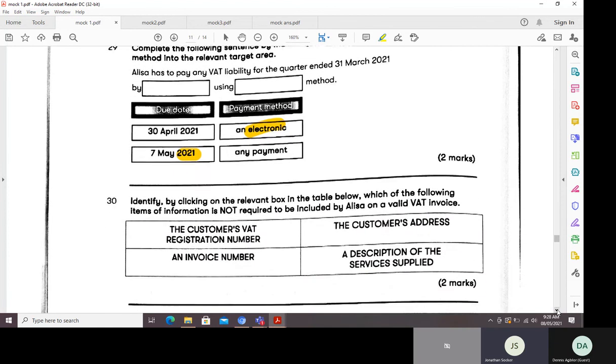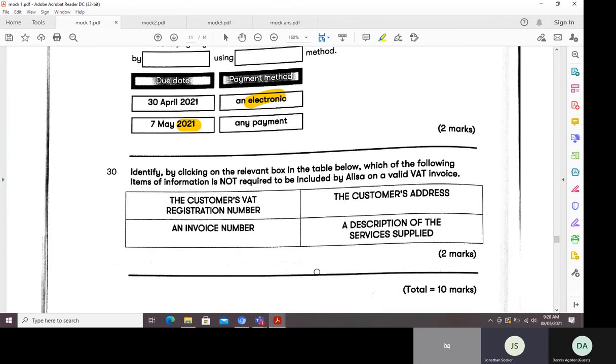Number 30, that we have to identify by clicking on the relevant box in the table below which of the following items of information is not required to be included on a valid VAT invoice. Which of these will not be included on an invoice?